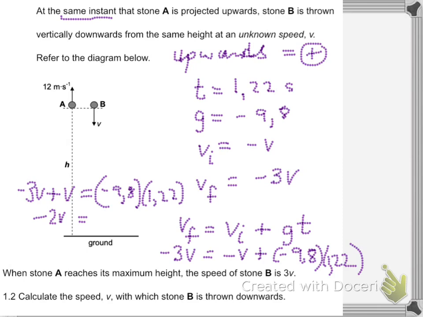So that's 11.96, and that's obviously a minus sign there, and if we work out v, it will be minus 11.96 divided by minus 2, which is equal to 5.98. 5.98 meters per second. Okay, and that is our second problem.